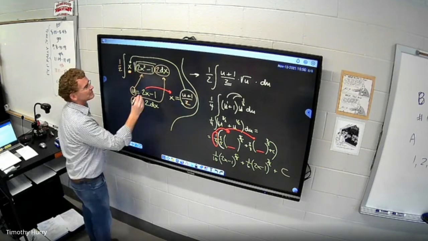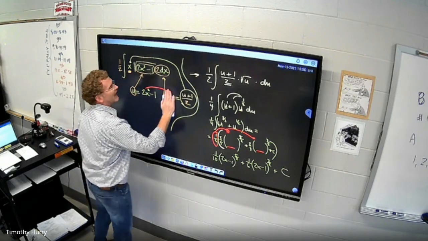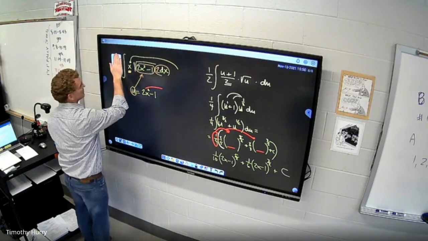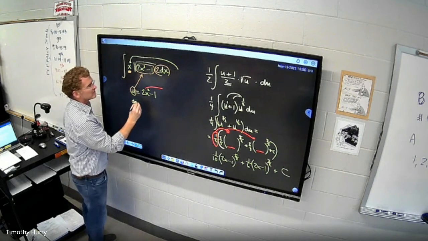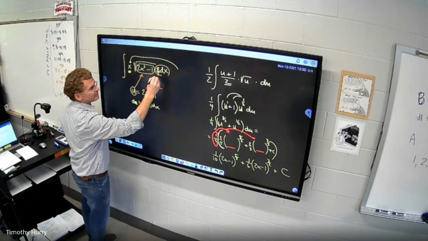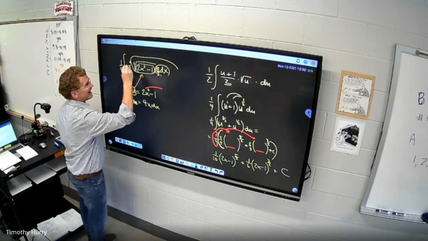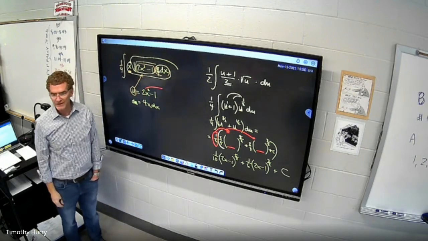If this had been 2x squared from the start, what would your du have been on this problem? Your du would have been what? 4x dx? And you would have come up here and said, well, 4, 1/4, but there's 4x dx. I didn't need to do all this junk, right?